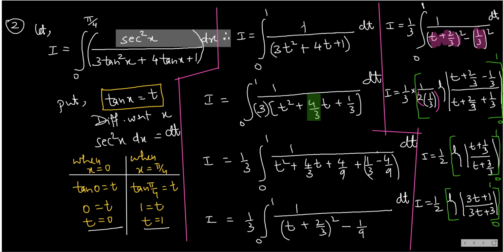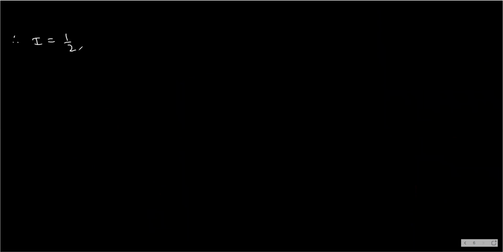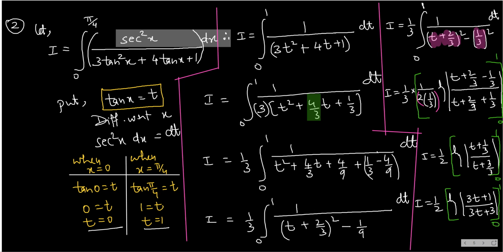So 0 to 1. Now I go for upper limit minus lower limit. Upper limit is 1. Wherever I have t, I will write 1. So I get I equals 1 by 2 log of (3 into 1 plus 1) upon (3 into 1 plus 3).